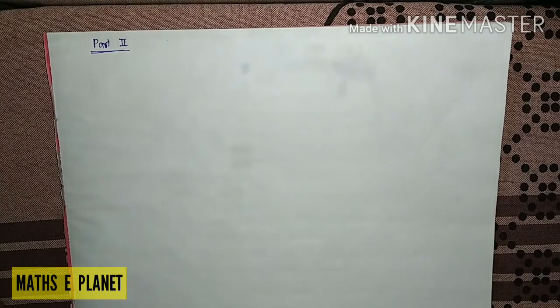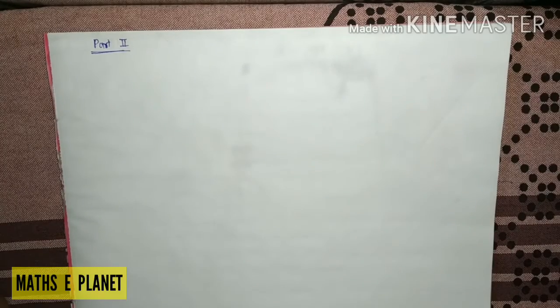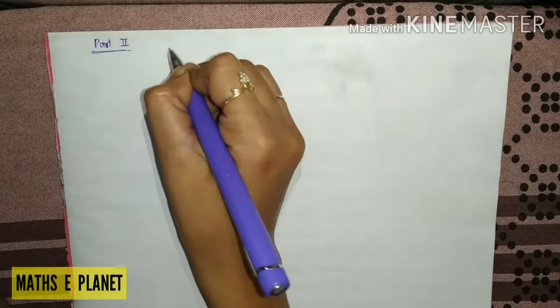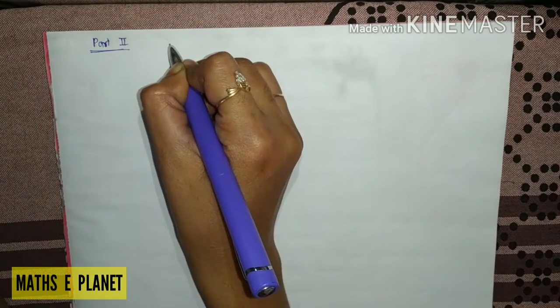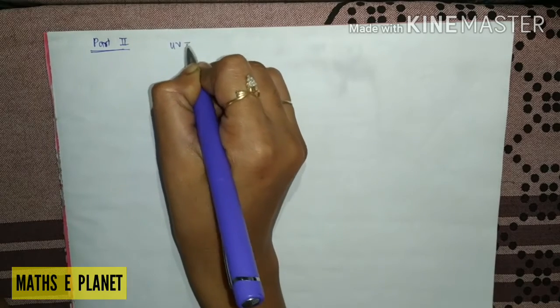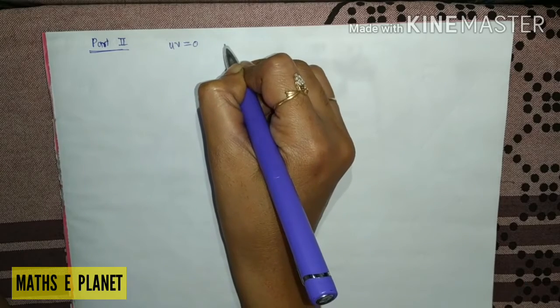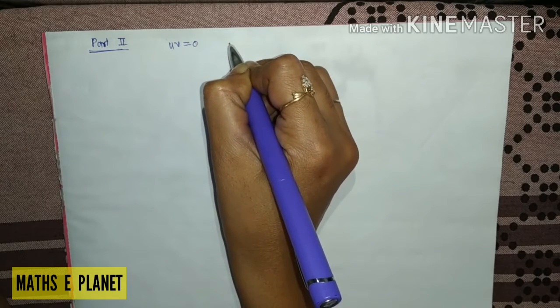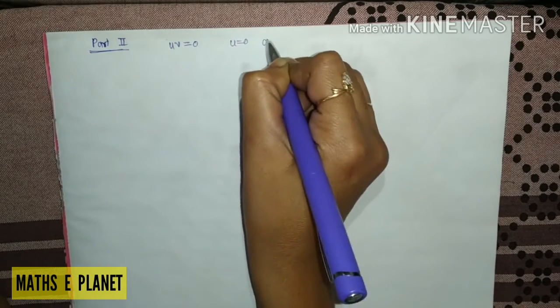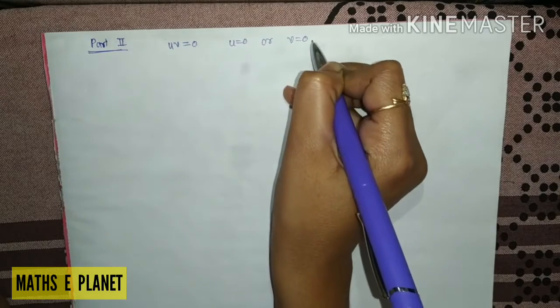To prove it completely, we have to prove the second part of this theorem, and that is the converse part. In the converse part we have to show that if we take any point in the locus uv is equal to 0, then the point lies on either u is equal to 0 or v is equal to 0.